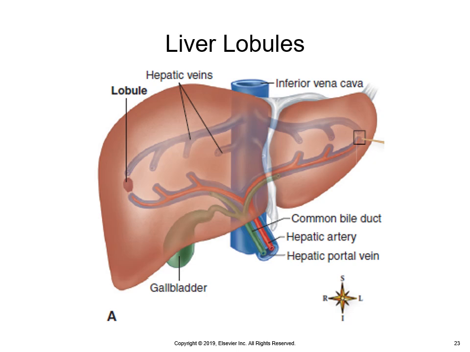So again, this basically gives us a visual and kind of attempts to illustrate how blood is going to enter the liver, how things are going to get processed, specifically the blood in the lobules, and also how it's going to exit through those hepatic veins.